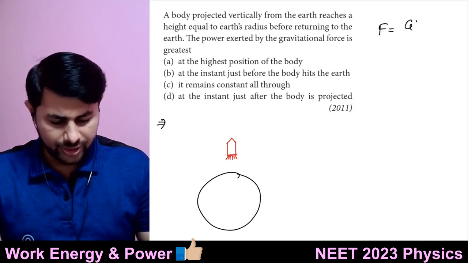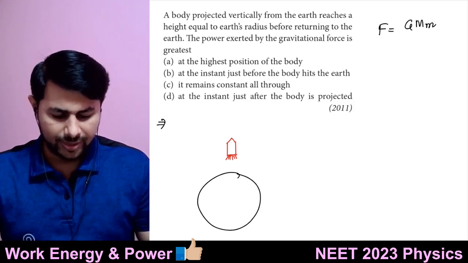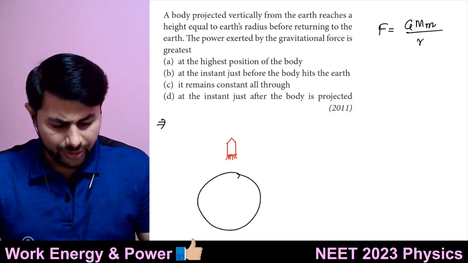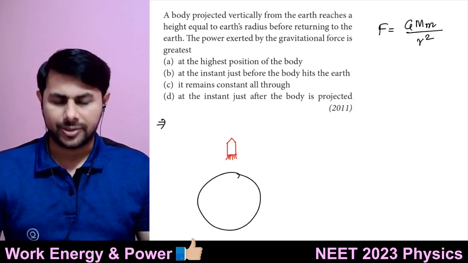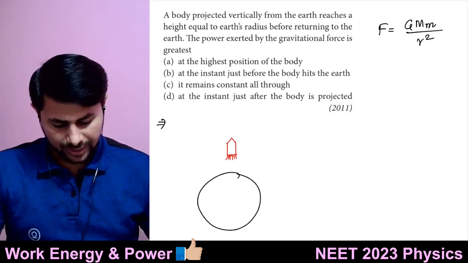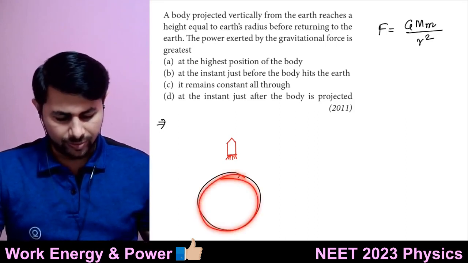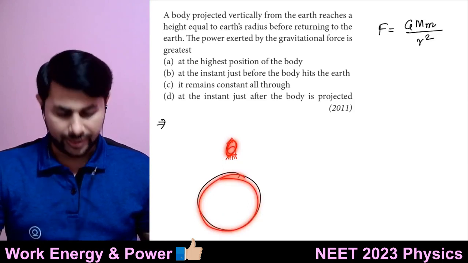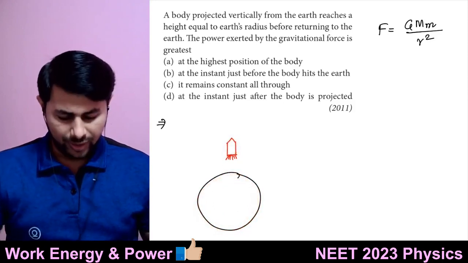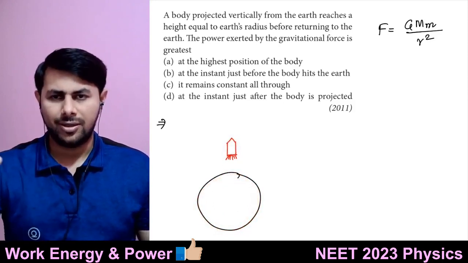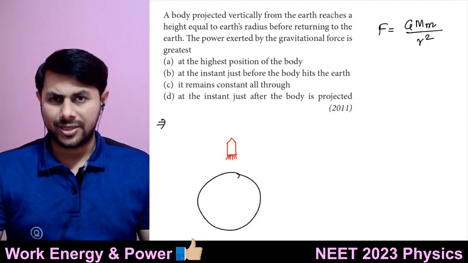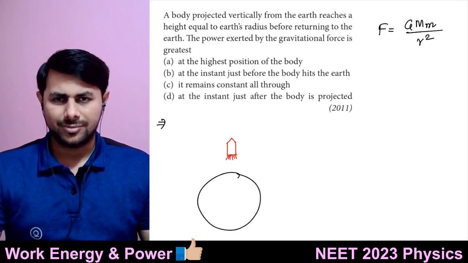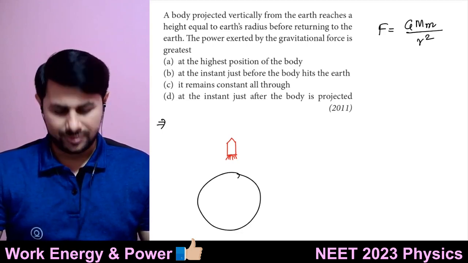It is equal to G into mass of Earth multiplied by mass of rocket upon r square. This is the formula for the gravitational force between two bodies. So as the rocket goes away, what will happen? The force between the rocket and Earth will decrease.